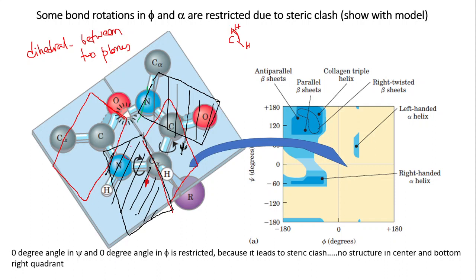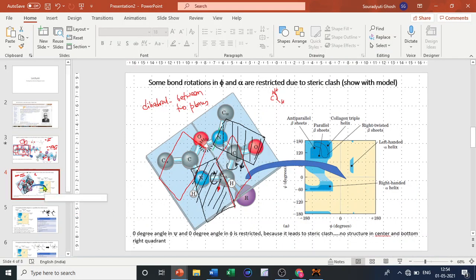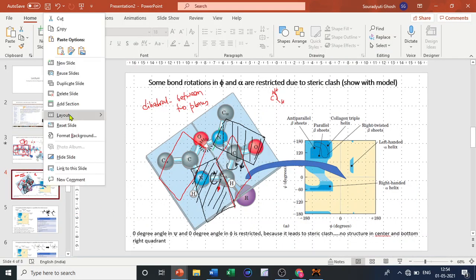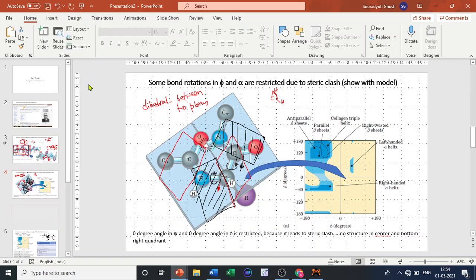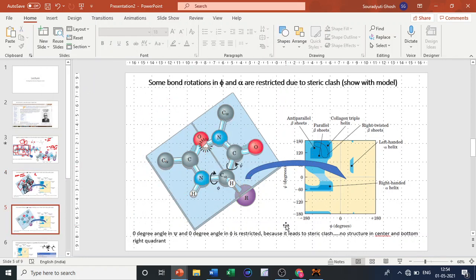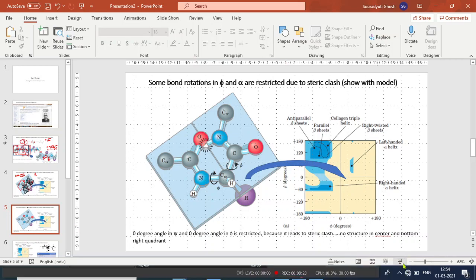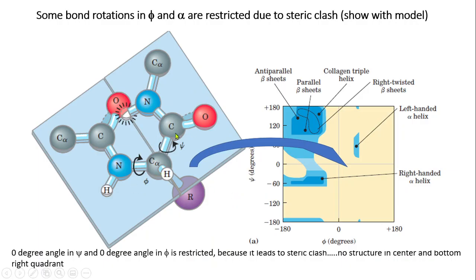If we clean up the structure slightly, and let me duplicate this slide to have a better view, you would see some bond angles here, some dihedral angles here. For example, when phi is 0 degrees and psi is 0 degrees, that leads to this kind of steric clash, and that would not be permitted.